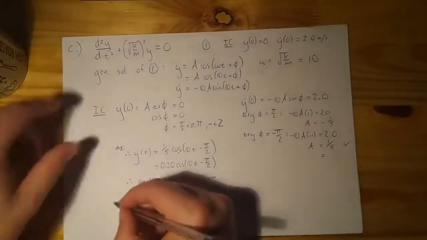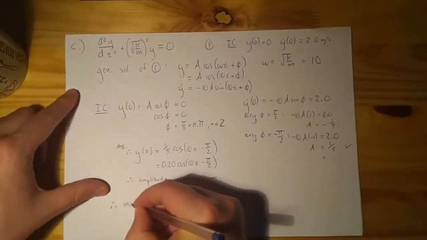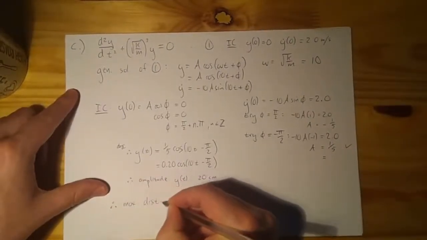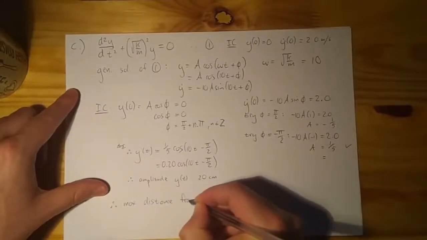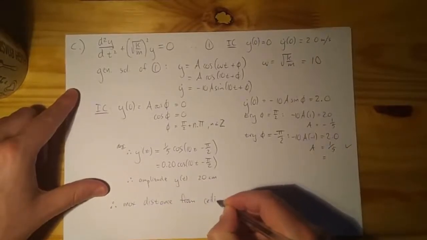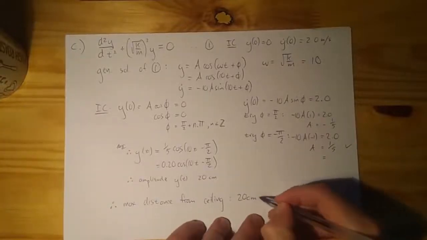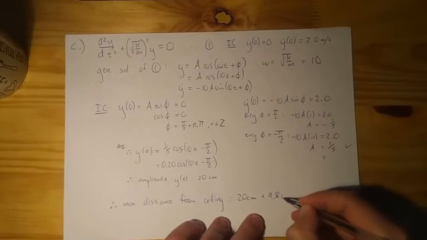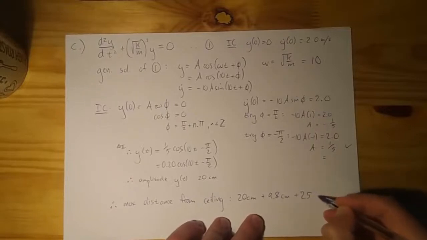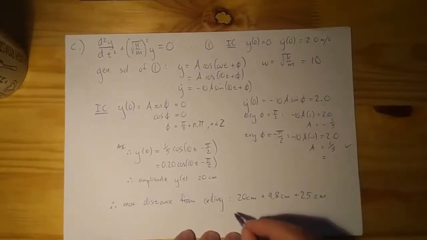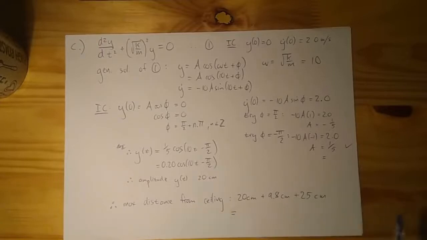So thus, the maximum distance from the ceiling is going to be 20 centimeters plus 9.8 centimeters plus 25 centimeters. Good. And what is that equal to?